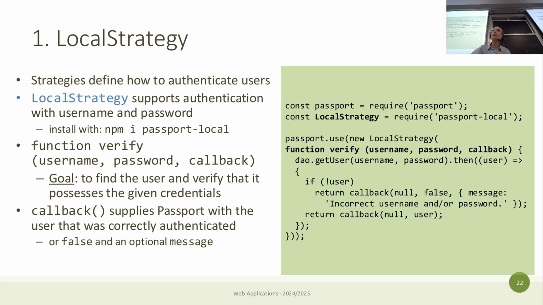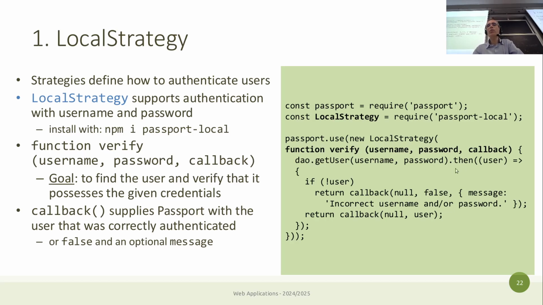So we need to write some code to store username and password and check if they correspond to something we have in a database. That's our task, because it depends on the database and on how we want to store the information in the server. That's why the authentication strategy asks us to write this callback, which has this signature: username, password, and callback.